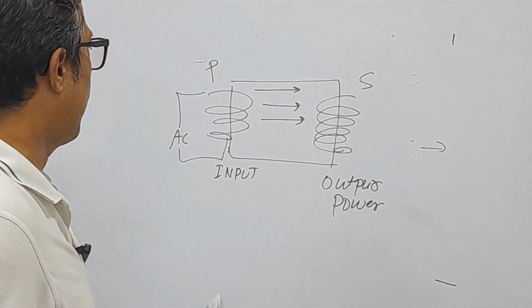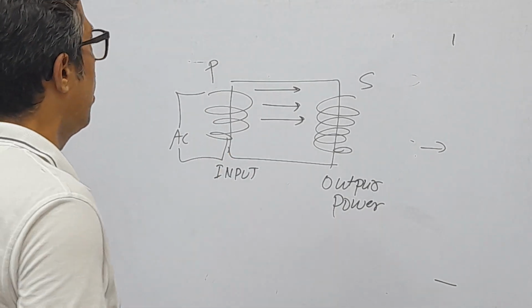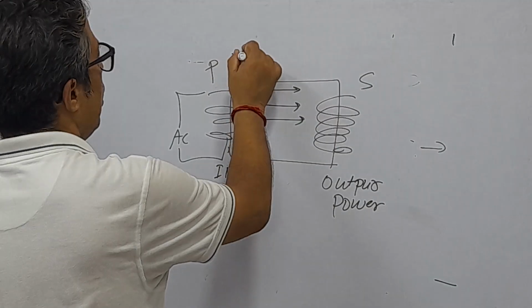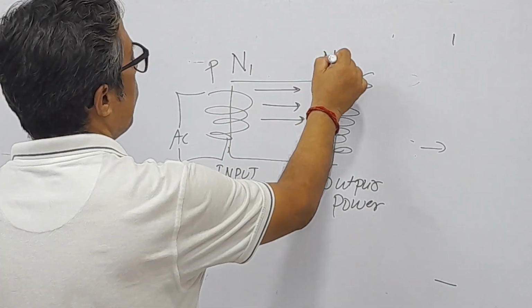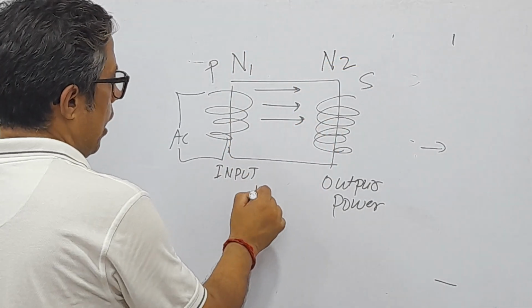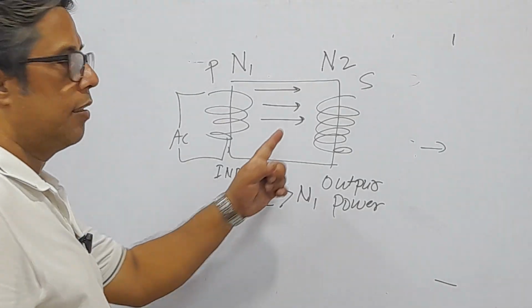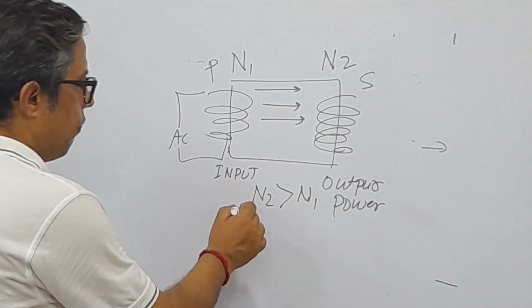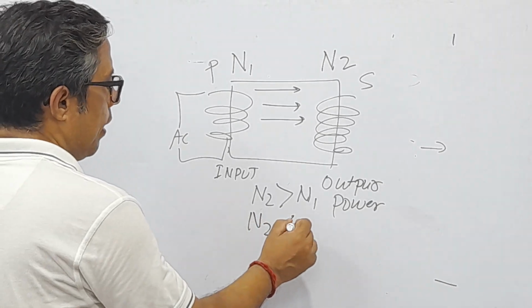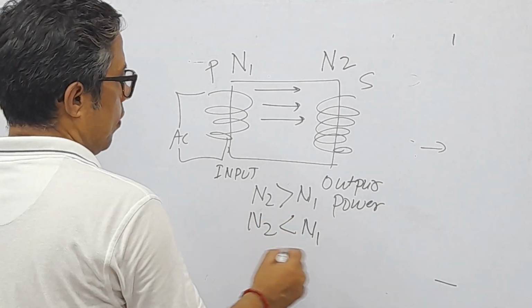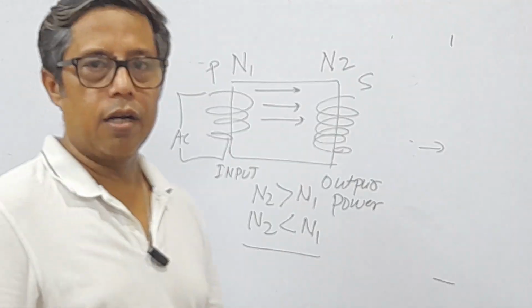It's a primary coil and a secondary coil, right? Now the number of turns in the primary is denoted by N1, and in the secondary by N2. You know that if N2 is greater than N1, we say it is a step up transformer. If N2 is less than N1, it will be a step down transformer. Okay.